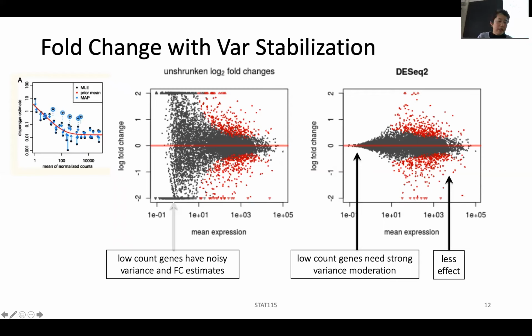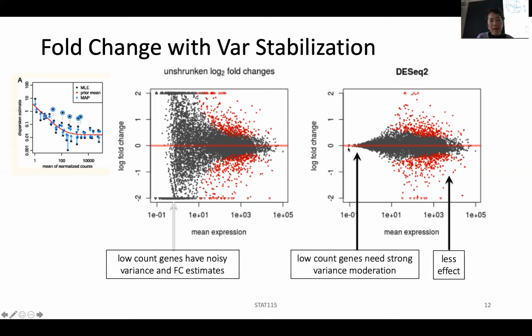With the DESeq way of stabilizing the variance based on this theoretical variance, by borrowing information from all the other genes, if any of the variances are too far off, you move them towards the center a little bit.